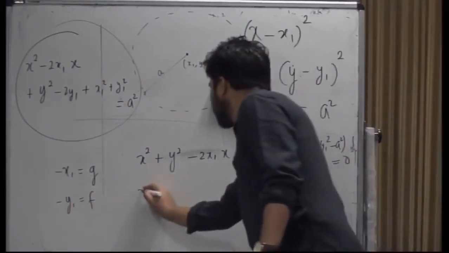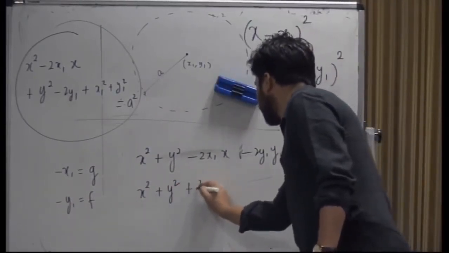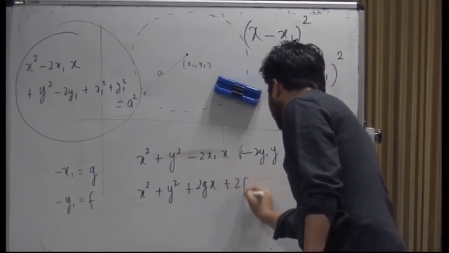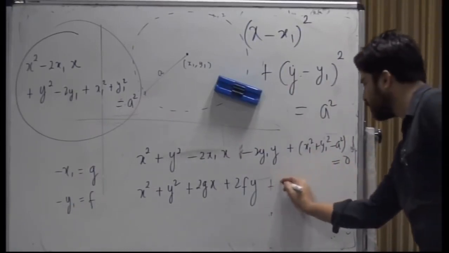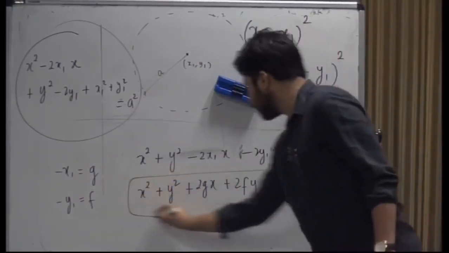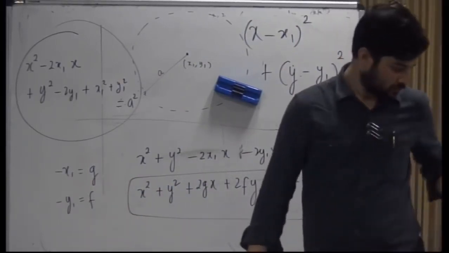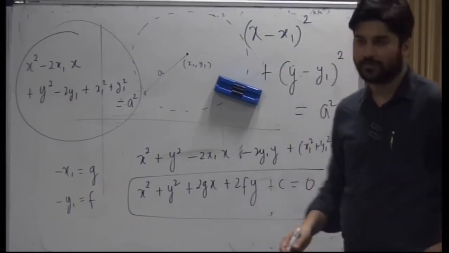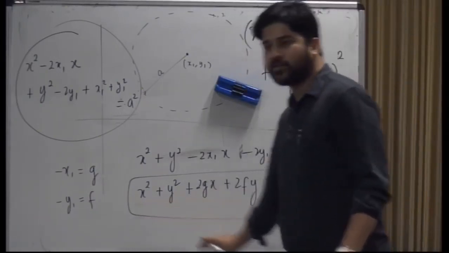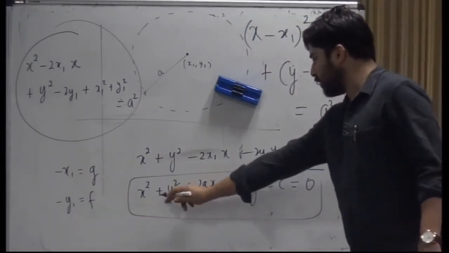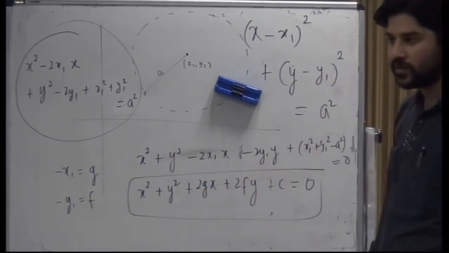So this will become x square plus y square plus 2gx plus 2fy, and this is going to be a constant, so I am going to write it as c. Understood? So x square plus y square plus 2gx plus 2fy plus c is equal to 0, right?